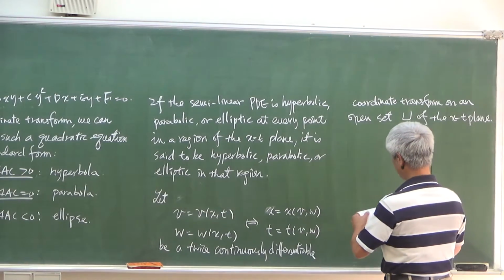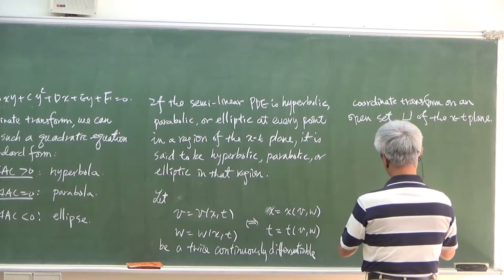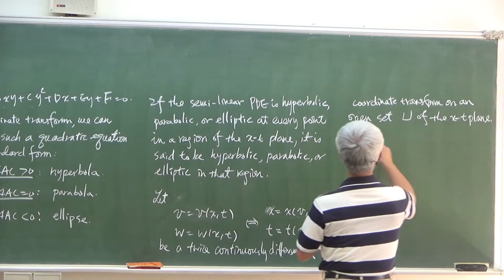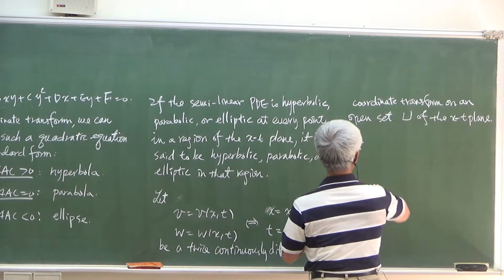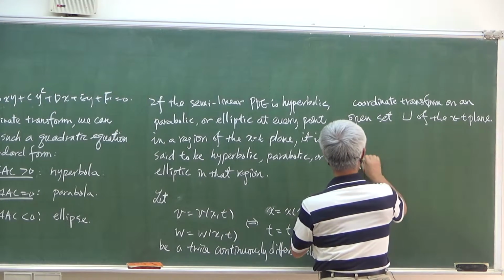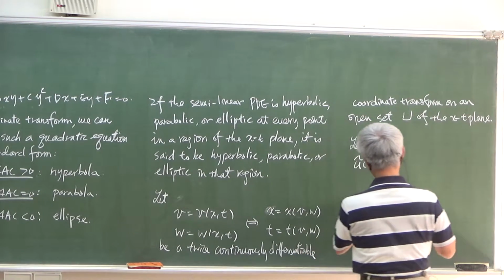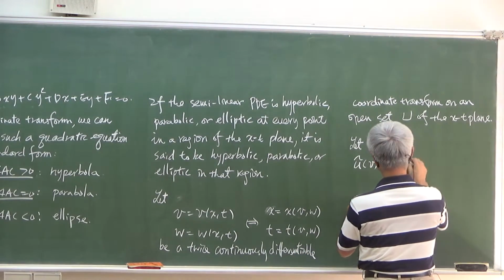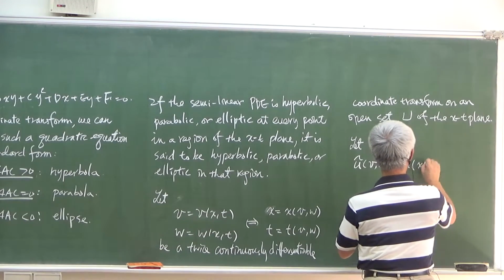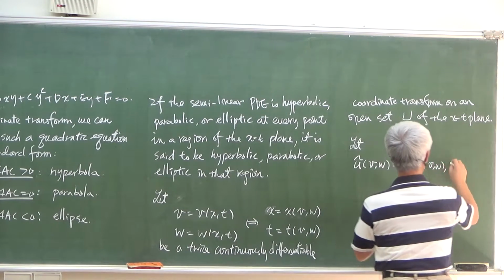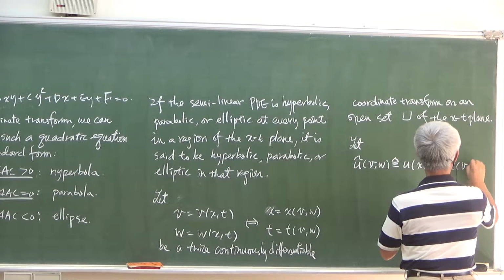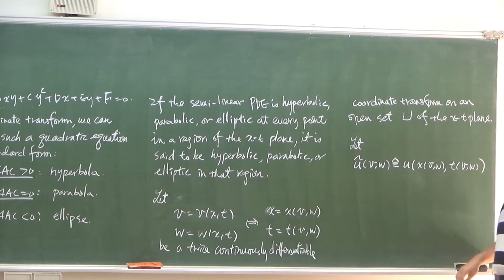Okay, so now we let u tilde of v, w be defined. So we define a new function by coordinate transformation. So we have x(v,w), t(v,w).